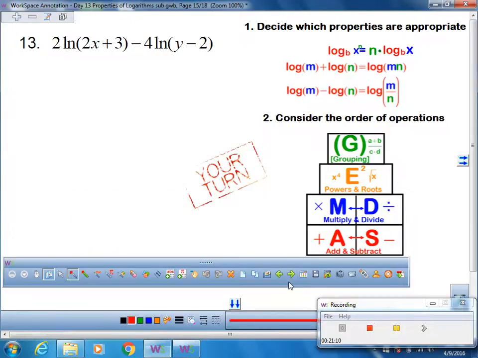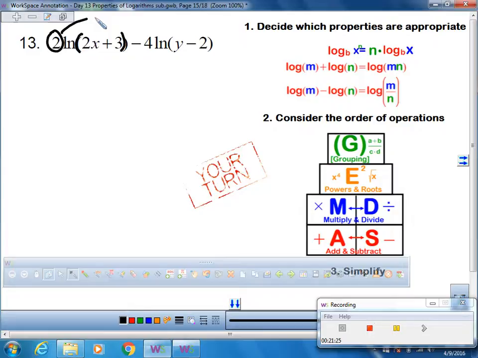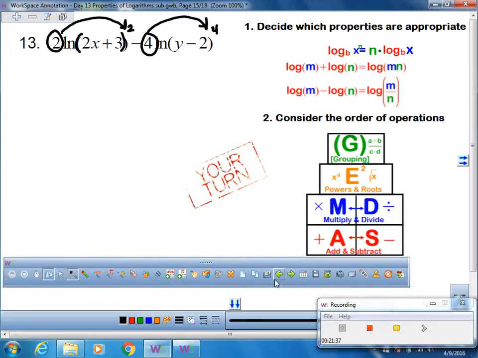There's another one that's totally doable. These are actually quantities. There's nothing I can do with that, right? It's just part of this natural log. The only thing I can do with this is make that a power here, and this a power here, and then I can use the quotient property. So the sub has an answer key for all of the homework.